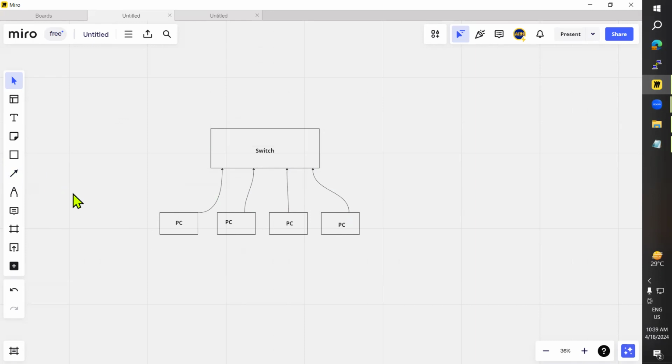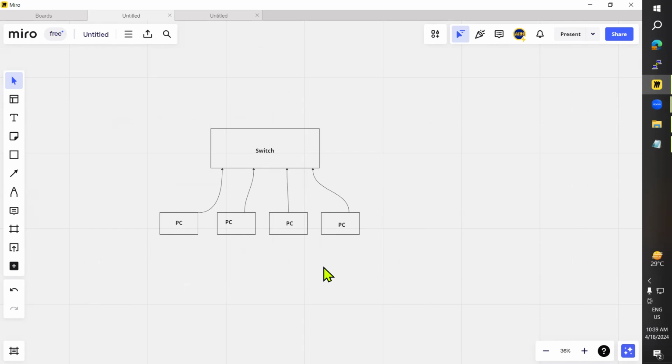Now in the network, this PC can communicate with this PC, and all those PCs can communicate vice versa. So in the network, from any PC to any PC, you can exchange data, share resources, and communicate across the network.